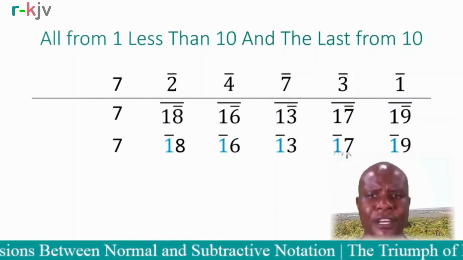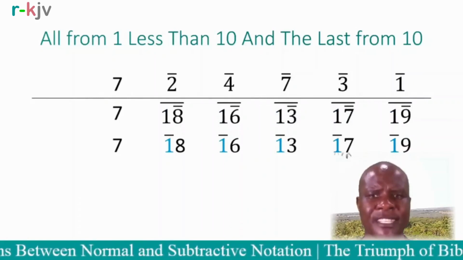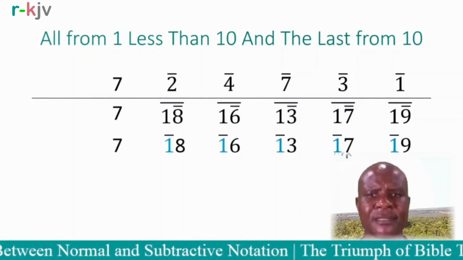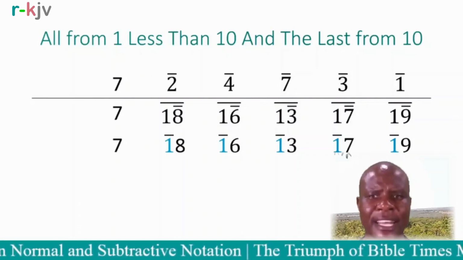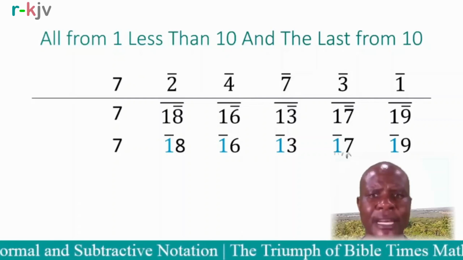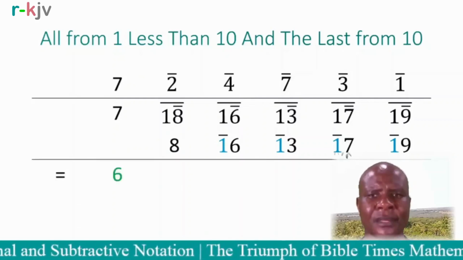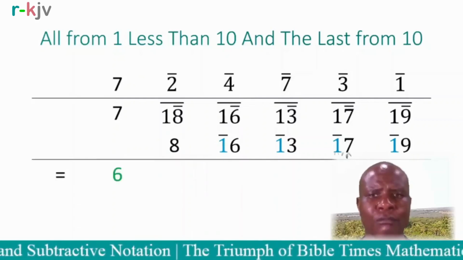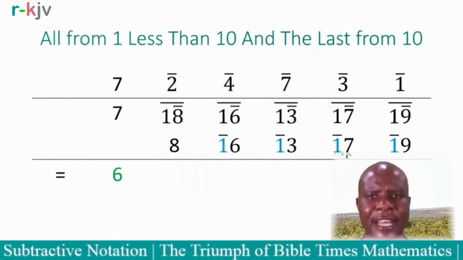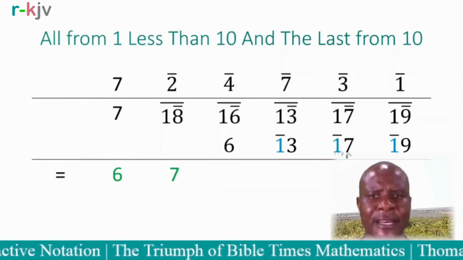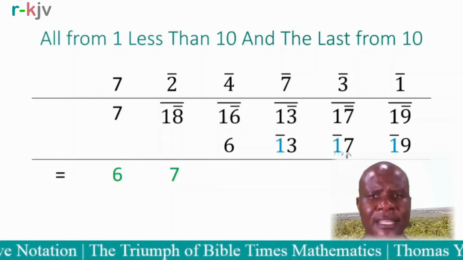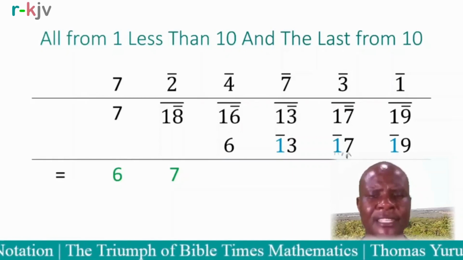The positional values are now supposed to be presented as single digits. The carry bar 1 of bar 18 is added to 7 and we write down 6. The carry bar 1 of bar 16 is added to 8 and we write down 7. The carry bar 1 of bar 13 is added to 6 and we write down 5.